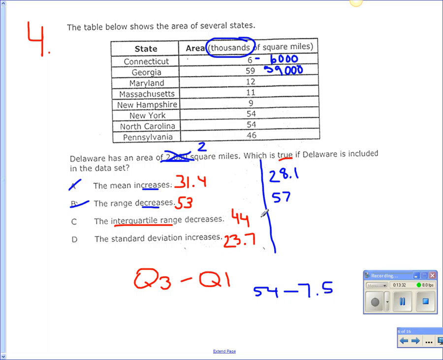All right, that gives us 46.5. So did the range decrease? Nope. And the standard deviation is 24. So the standard deviation increased. So that one is D.